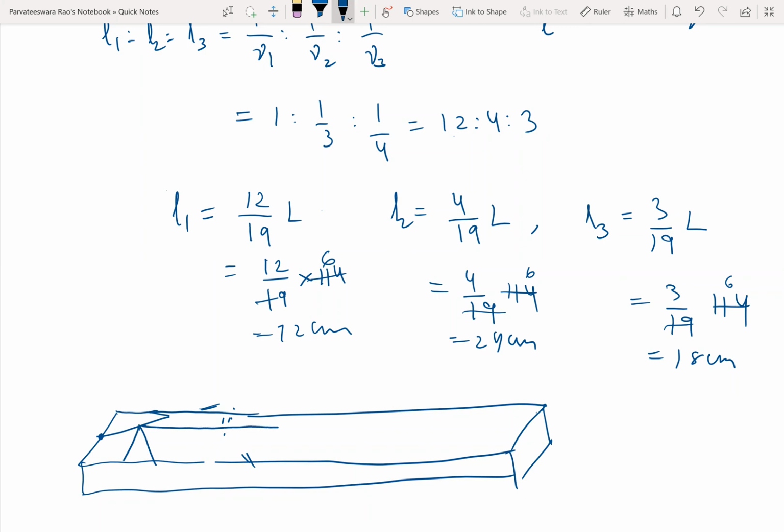And this is how the wire will go straight. So this is 0. The first wedge should be at the 72 centimeter division. Second should be at 24. Third should be at 18. So this is 72, 24, 18. Then all the three segments will vibrate in the fundamental mode of vibration. Correct? Yes, sir.